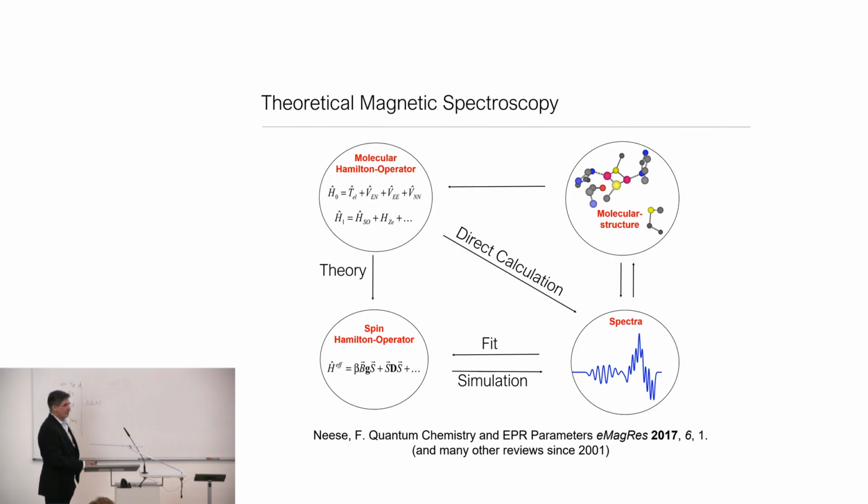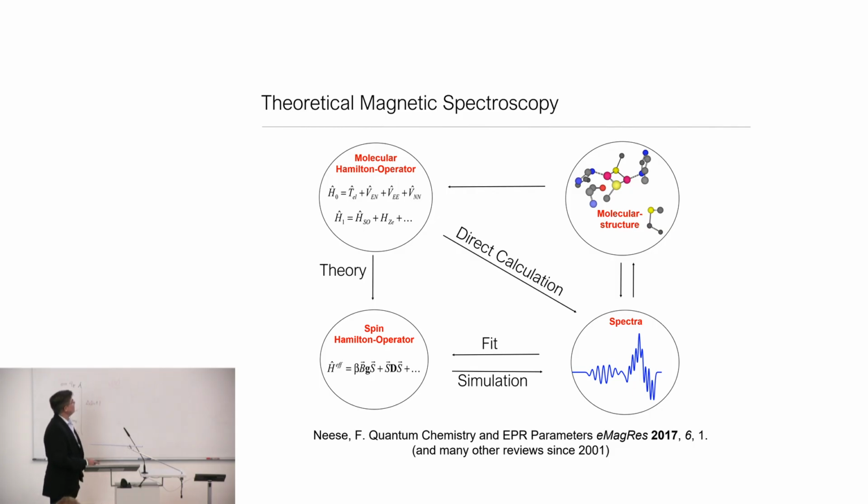This does not know anything about electrons, it only knows about spins. So that's a much smaller dimensional space, and it's acting on these spin functions. So for example, if we have one nuclear spin and one electron spin, it's a (2S+1) times (2I+1) dimensional subspace. So it's a tiny fraction of the Hilbert space of the entire system.